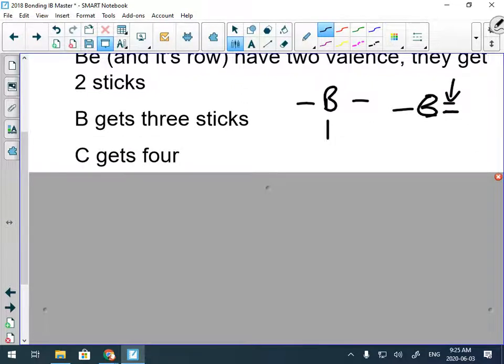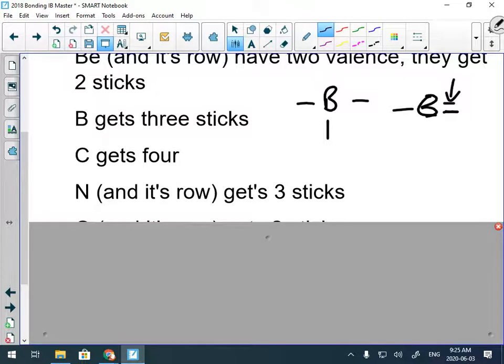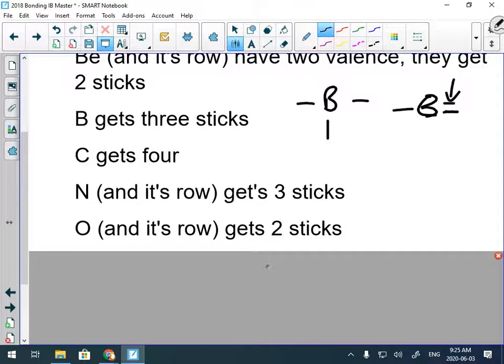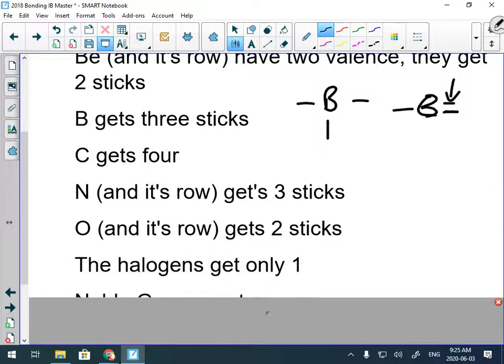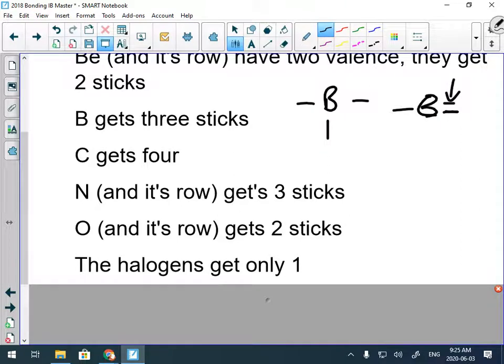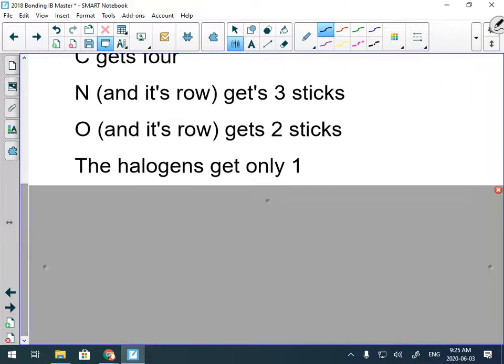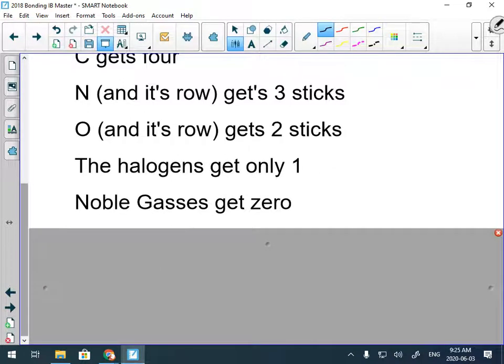Carbon always gets 4. Now, nitrogen, as you go back to the noble gases, it marches back down to 0. Nitrogen gets 3, as we talked about. Oxygen's row gets 2, and halogens only get 1. So the halogens are like hydrogen's row. They only have 1 bond ability. Okay, noble gases get 0 because they don't bond.